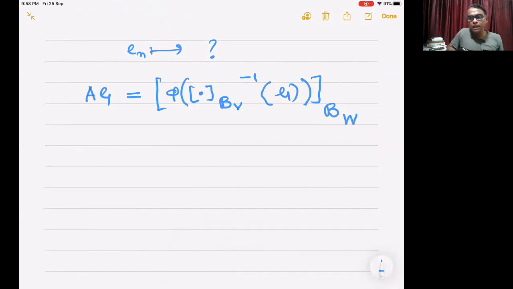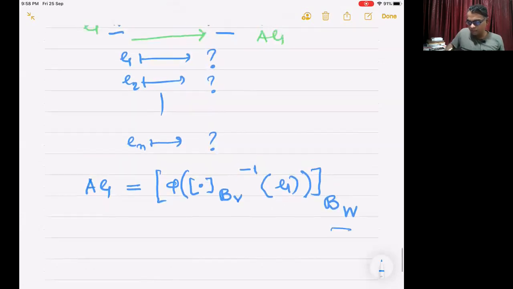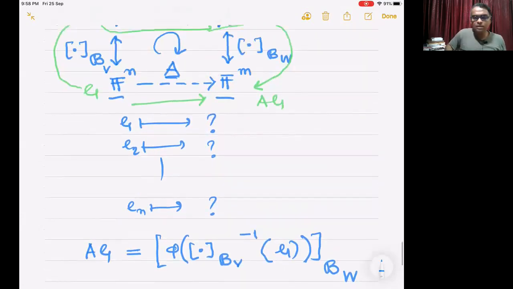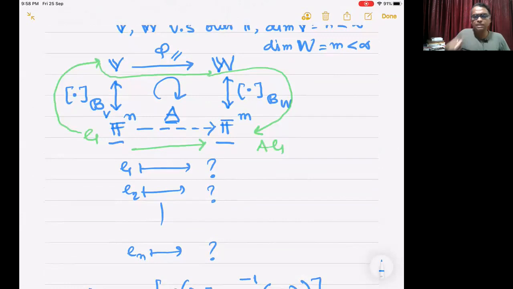Yeah, that is what AE1 should be. What I've written here is just a mathematical expression for this green lined argument that I just said. So if you don't understand what's happening, go back to that portion of the video where I'm explaining this green line.